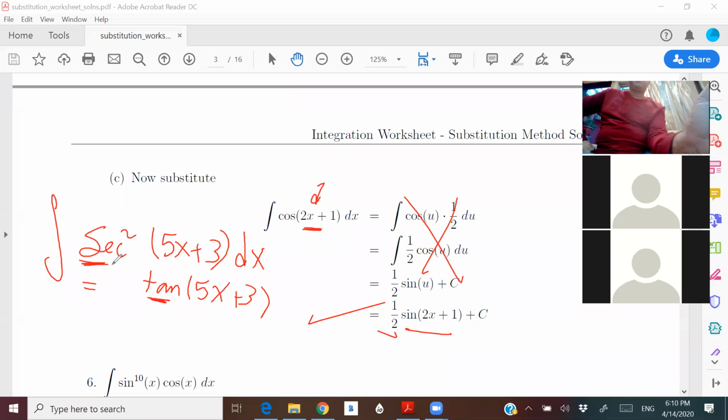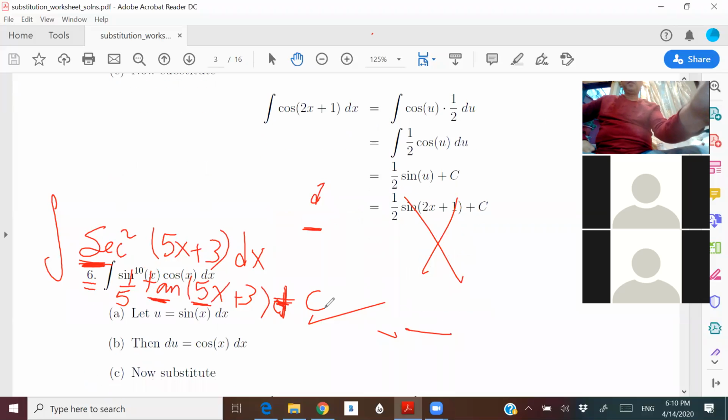It means the integration of secant squared(5x + 3) is tangent(5x + 3) divided by the derivative inside, which is 5, plus constant. Is it hard for us? No.